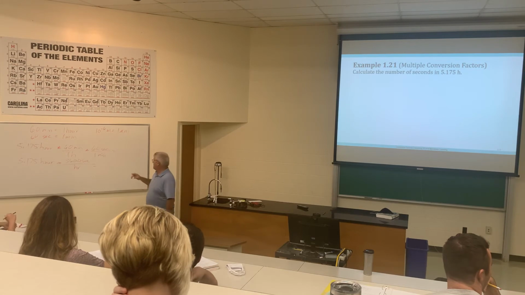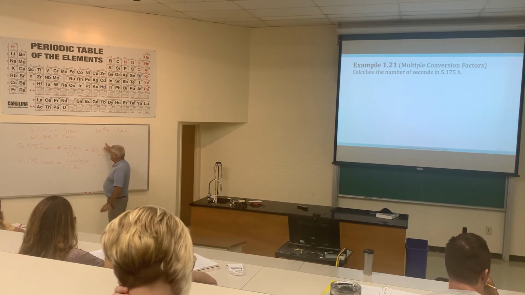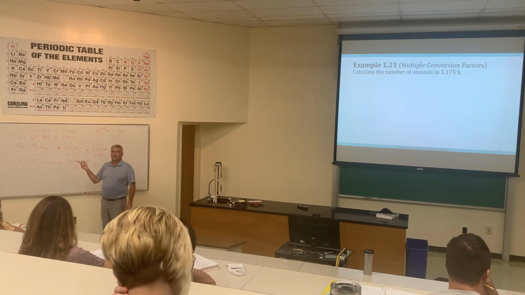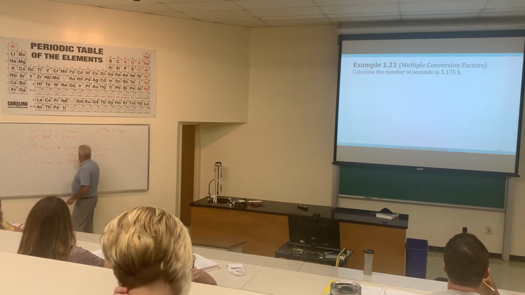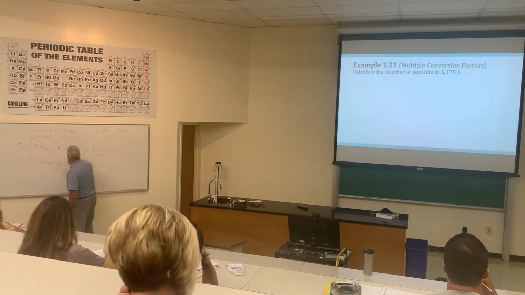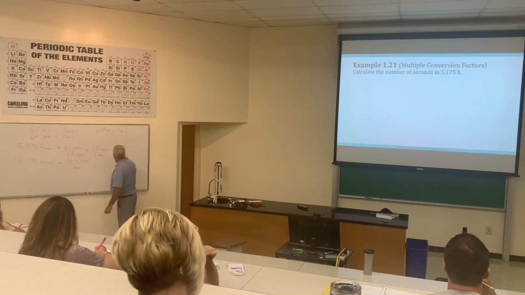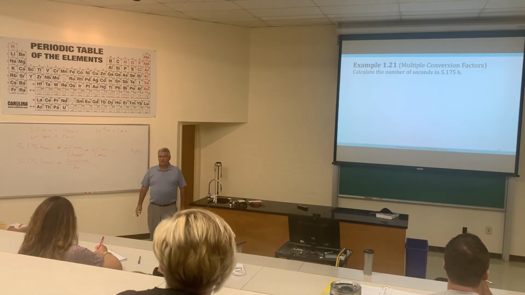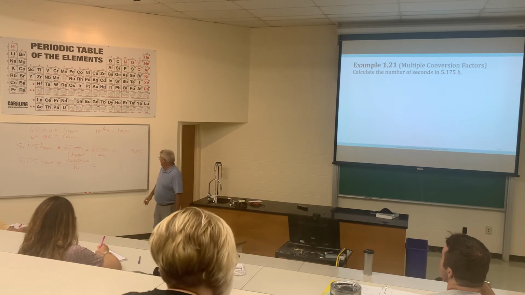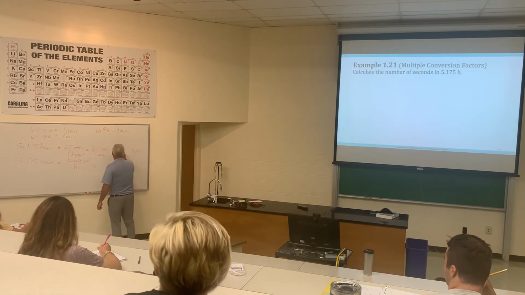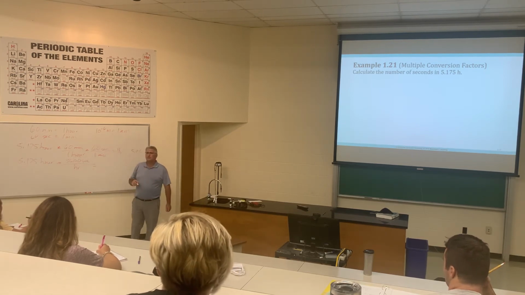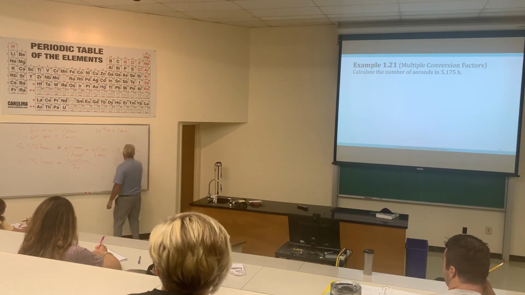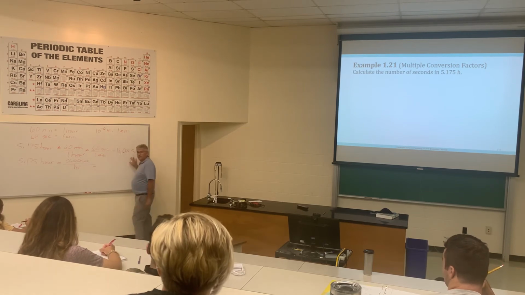So this is the way I was asking you to do this. Let's check to see if I have the setup correct. I have hours canceling, right? I have minutes canceling, and my answer's in seconds, isn't it? You with me? And so this is 18,630 seconds, right?